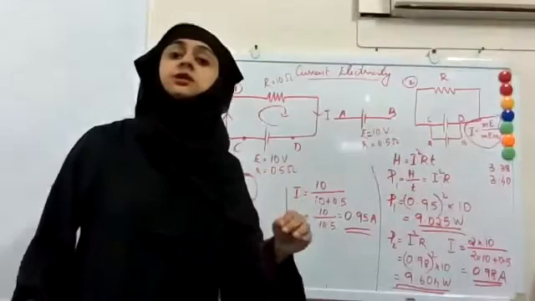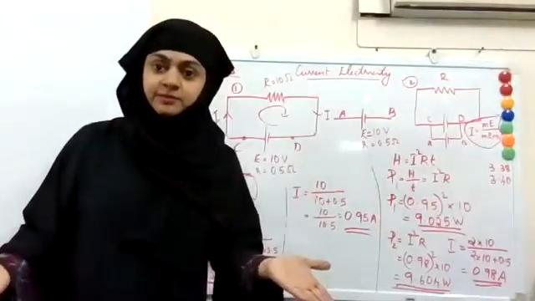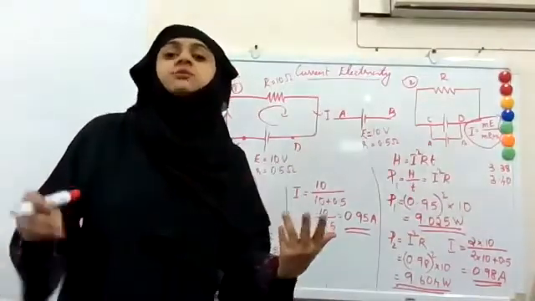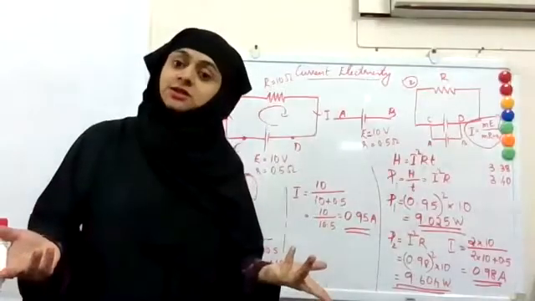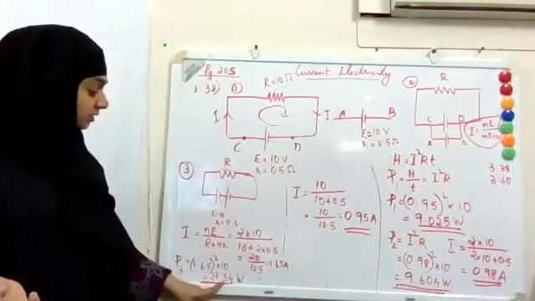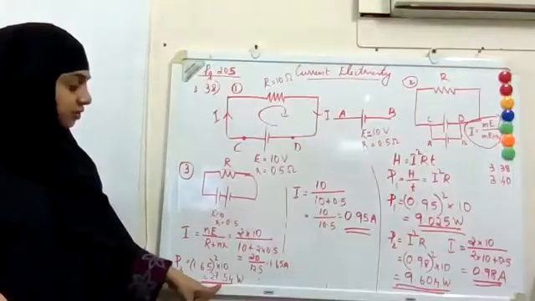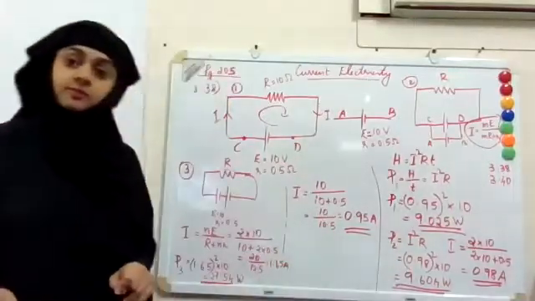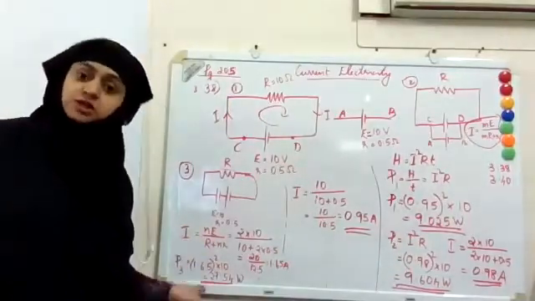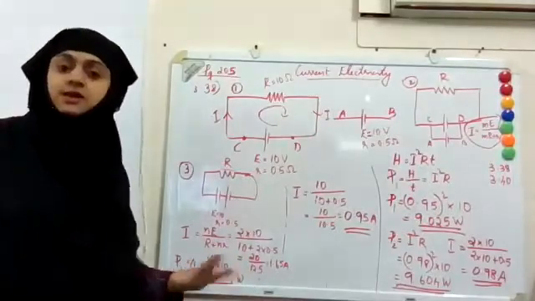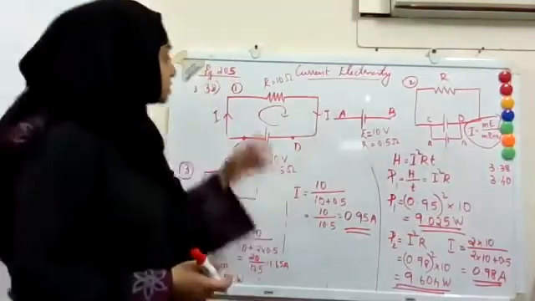If you want to generate more heat, suppose you are using something like an iron box, then it is beneficial. See how high the heat produced is. Then it is beneficial to connect the cells in series. Suppose this is a bulb.